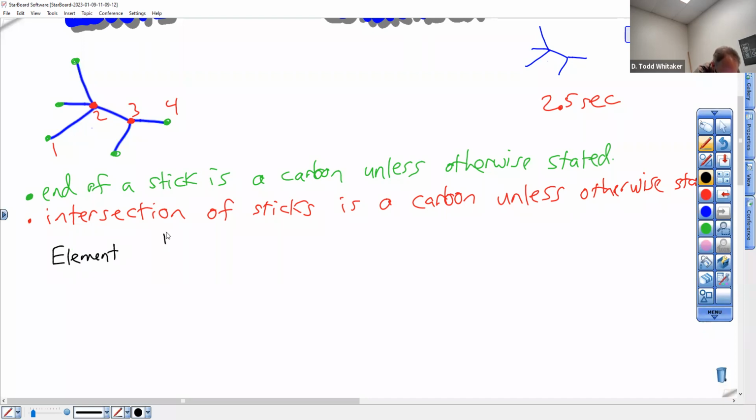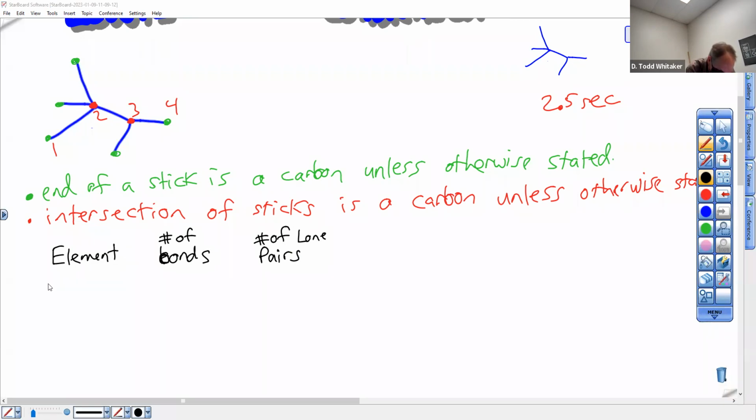I want to know how many bonds that element likes to make, number of bonds. And I want to know number of lone pairs that molecule likes to make.